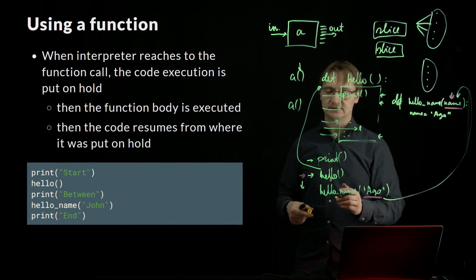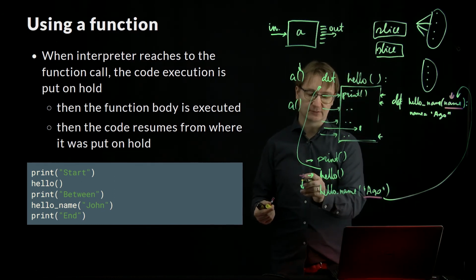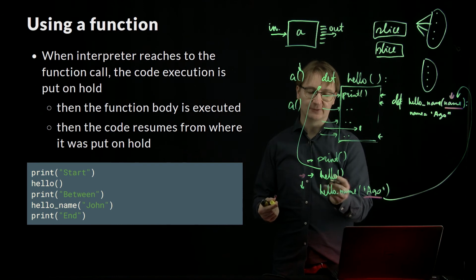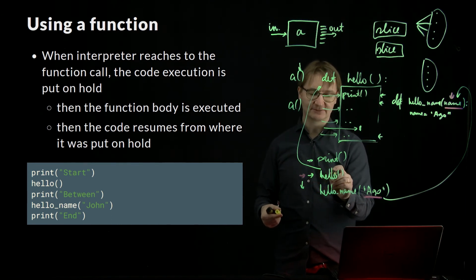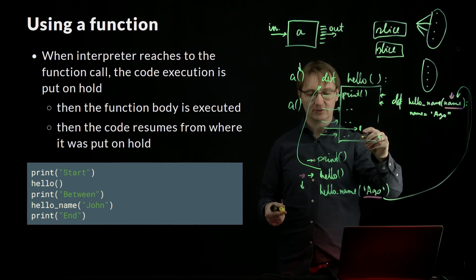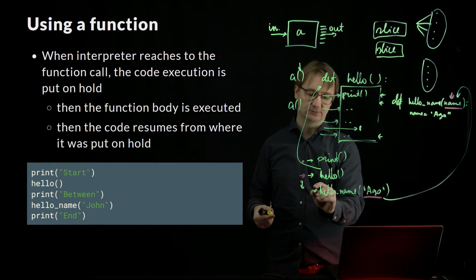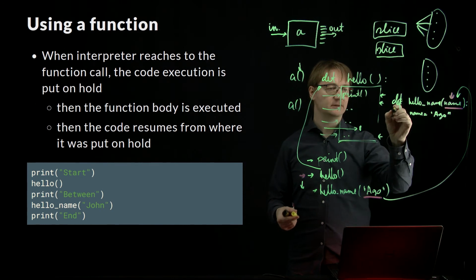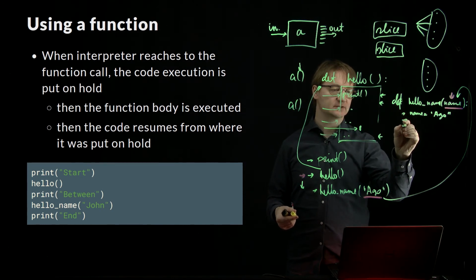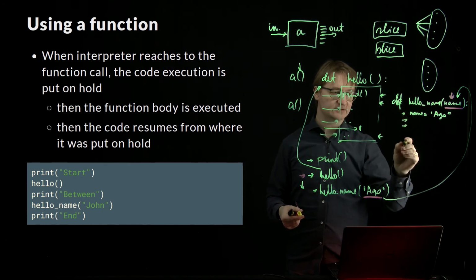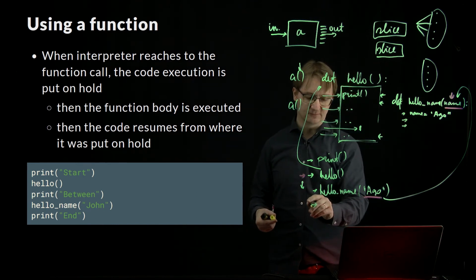In a recipe, if you have to slice something, you cannot go further before you have done this part. So currently I execute the hello code. Now I continue here. Now I go into hello name. Here again I will execute all the lines, and if the function has ended, I can continue from here.